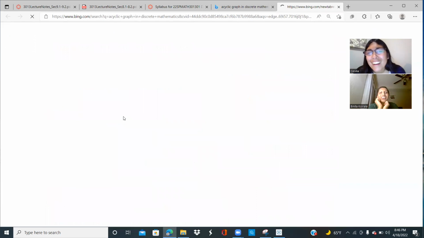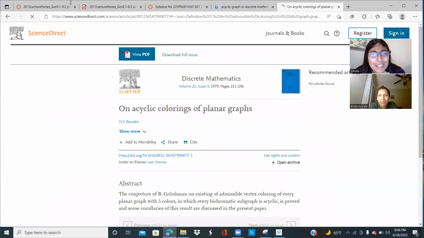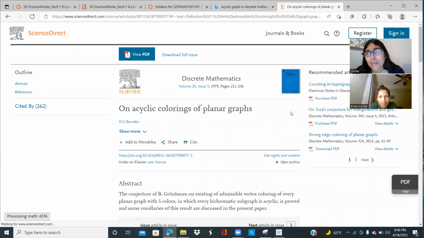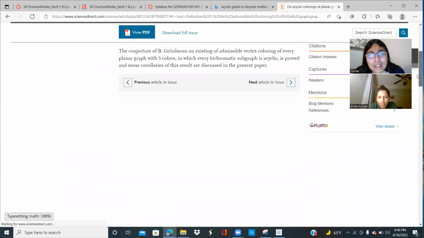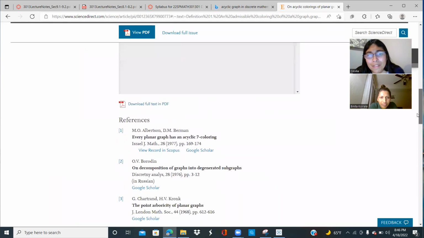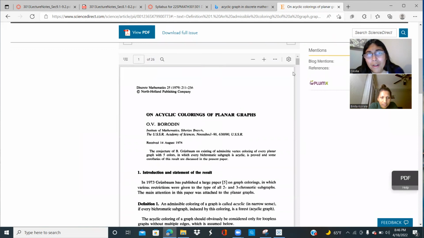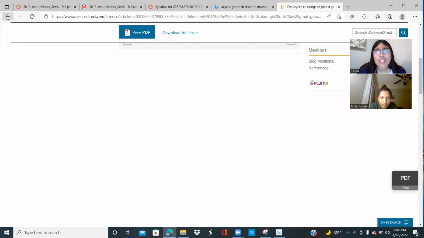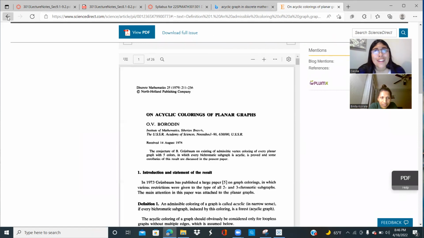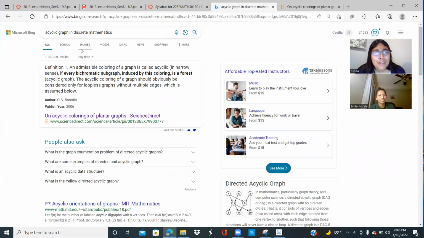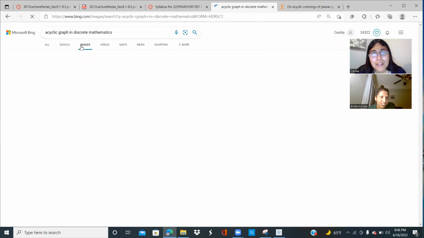Induced by the coloring. So it goes by the color on an acyclic coloring of planar graph. Okay, I am not going to read another 26 pages on that. Let me look at some images and see if there's something on there.